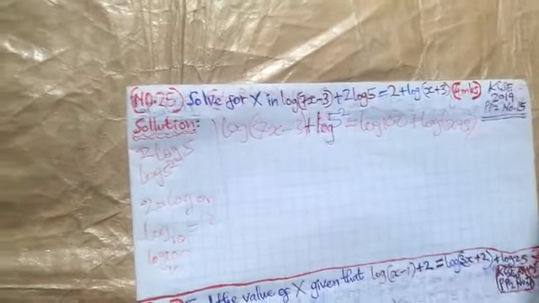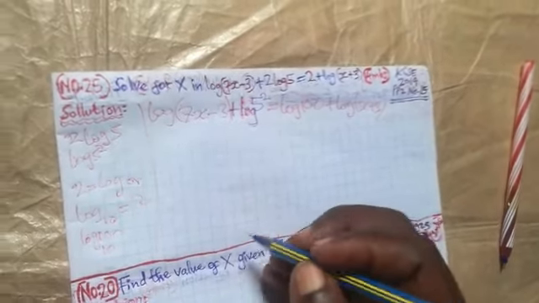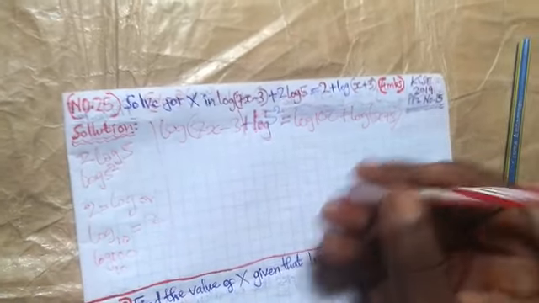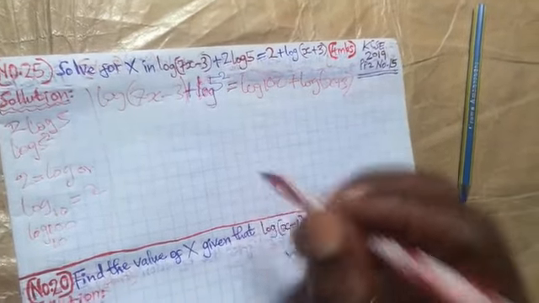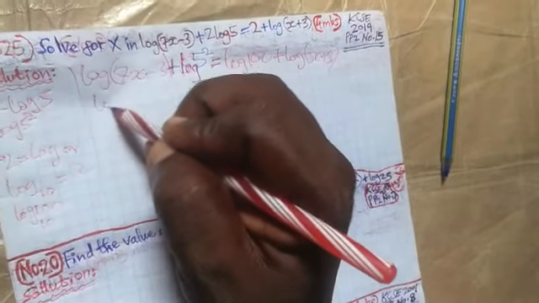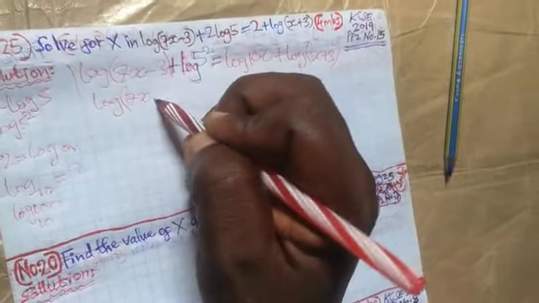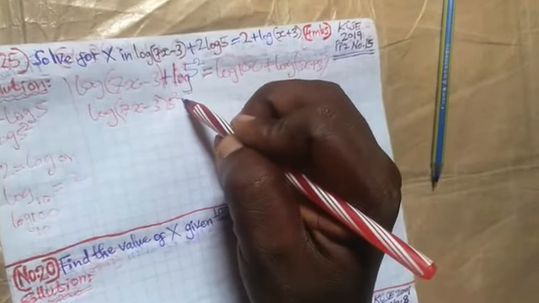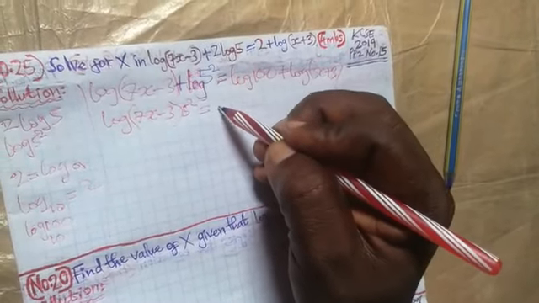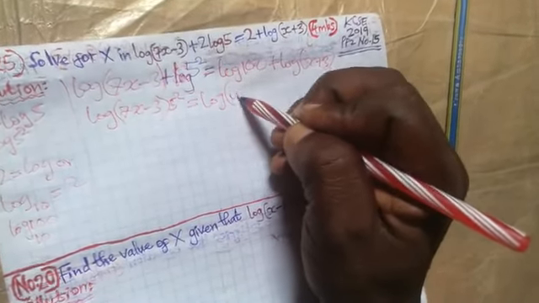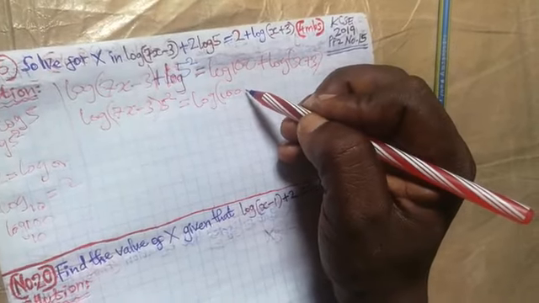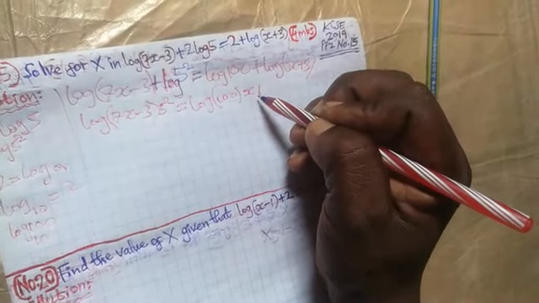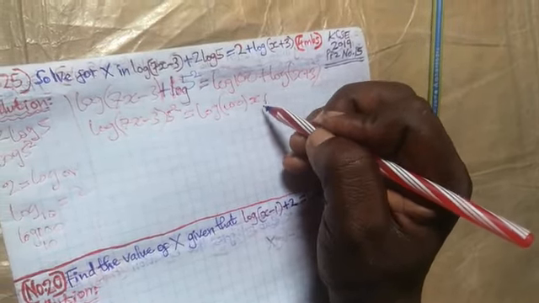Now from this equation, since addition goes with multiplication, we say that log of (7x minus 3) times 5 squared is equal to log of 100 times (x plus 3).